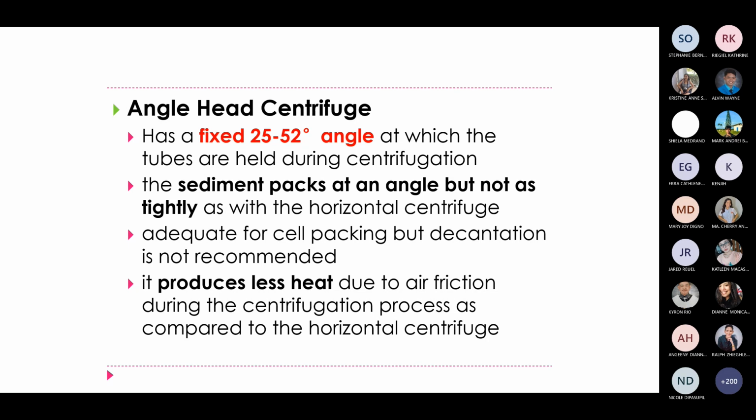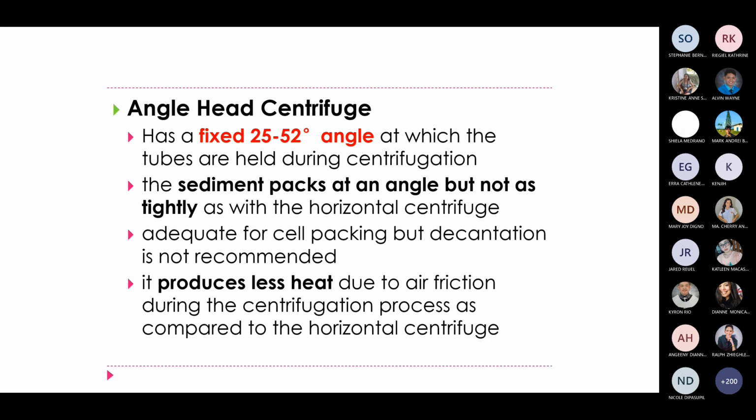It is adequate for cell packing but decantation is not recommended. Why? Because the packed sediment is also angled. So when you decant it, it is possible that some of the components will go along with it. What is decant? You pour off the supernatant. Okay, yes.